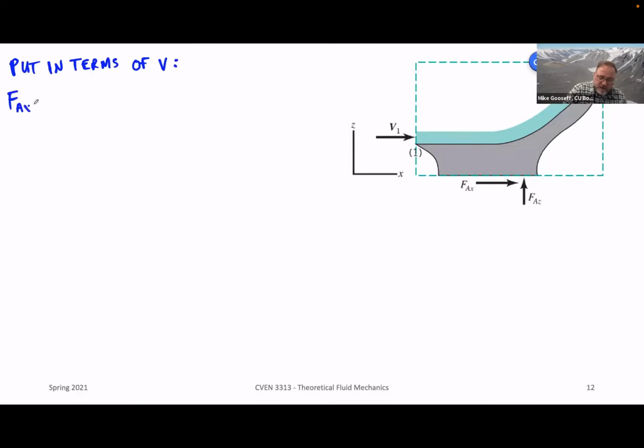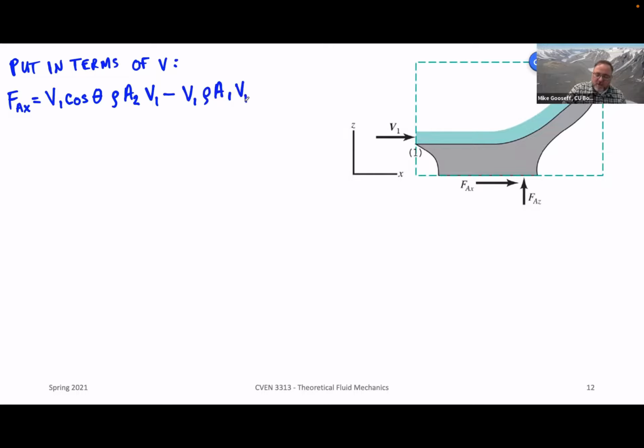F_AX is equal to V1 times the cosine of theta times rho A2 V1. So in other words, that's the outflow minus the inflow. Inflow of momentum is V1 times rho A1 times V1.